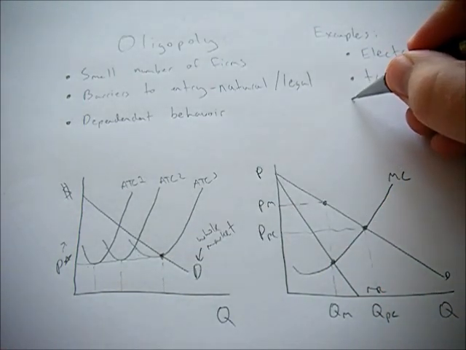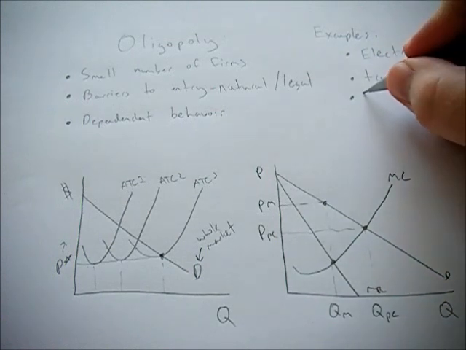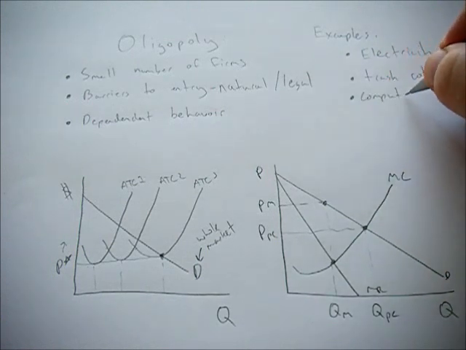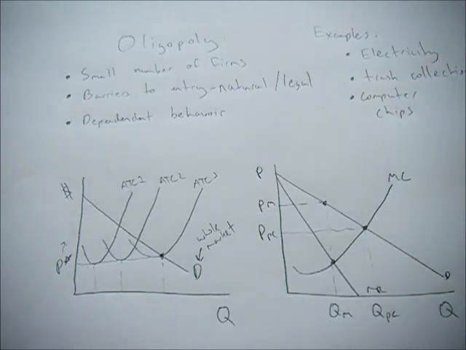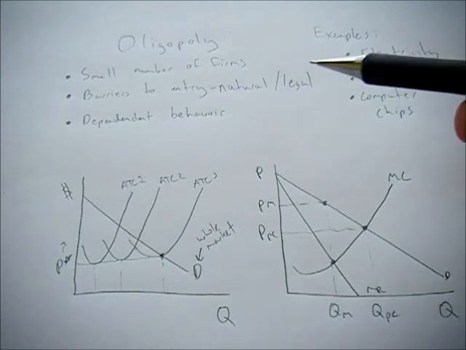What are some examples? Well, the computer chip manufacturers. We have Intel, and the other one not coming to my brain right now, but there are only 2 firms, and the reason for that is because it takes so much money to build the factories, to build the machines, to get all that together to make these products.